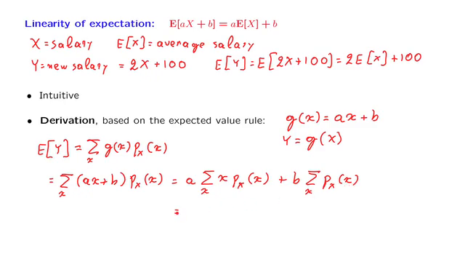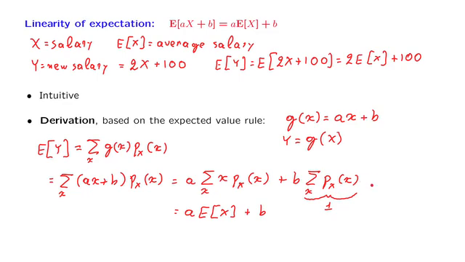Now, the first sum is a times the expected value of X. This is just the definition of the expected value. As for the second sum, we realize that this quantity is equal to 1 because it is the sum of the probabilities of all the different values of x. And this concludes the proof of the linearity of expected values.